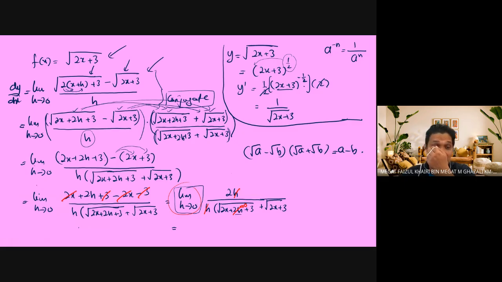The reason that I write this again and again until here is because we did not use the instruction yet. But once we use this instruction of limit h approaching 0 here, then we are free from this. We can just write down 2 divided by the square root of 2x, no more 2h, plus 3, plus the square root of 2x plus 3.